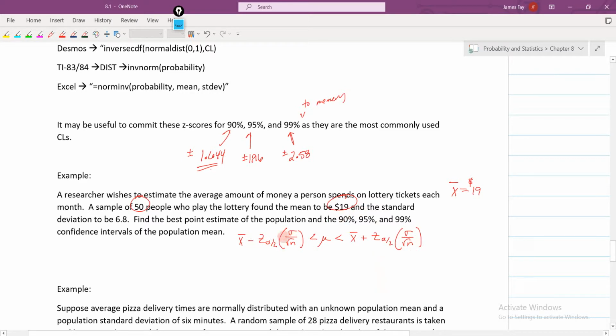I got this backwards at first. The one on the left is always the minus because if this is going to be a between statement, this number needs to be smaller than this one, so that's why we've got the subtraction.